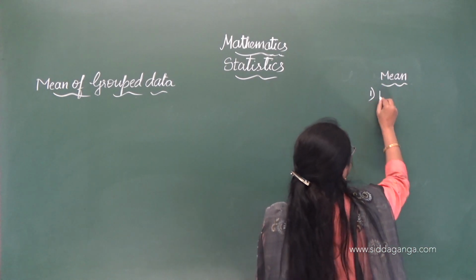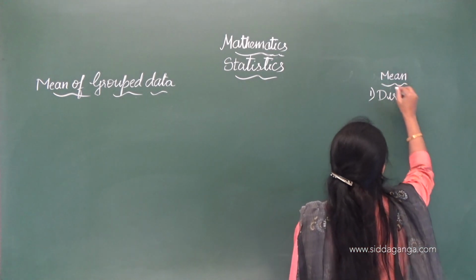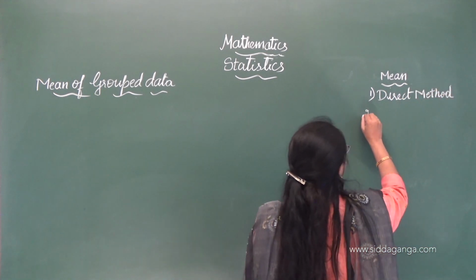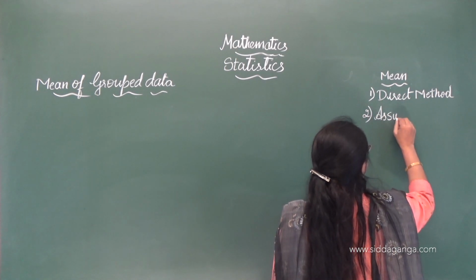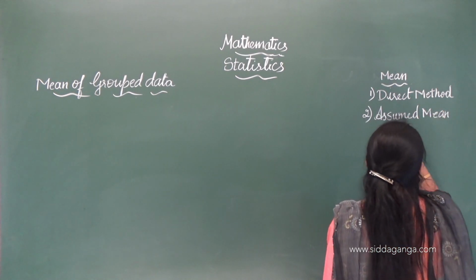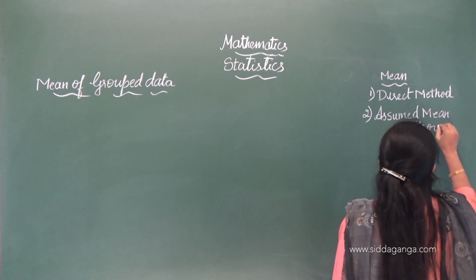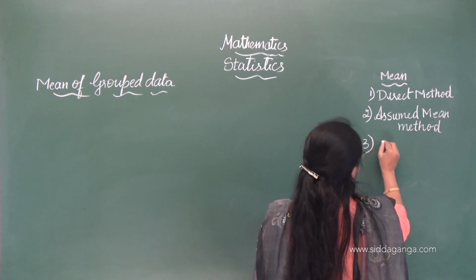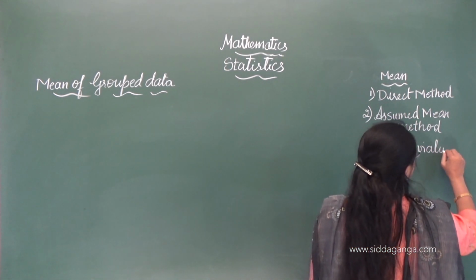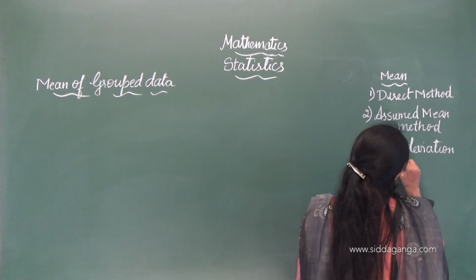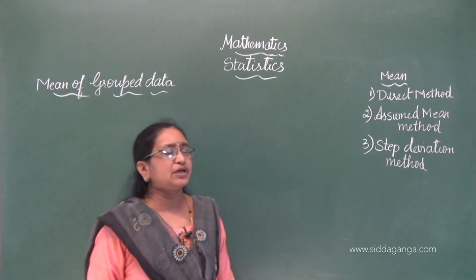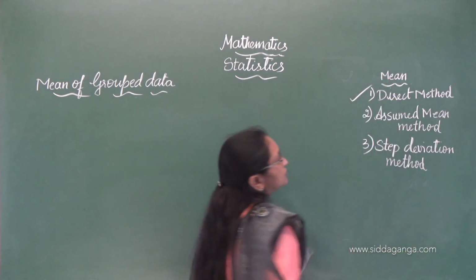First method, direct method. Assumed mean method. Step deviation method. These are the 3 methods. Today let us see only the direct method.